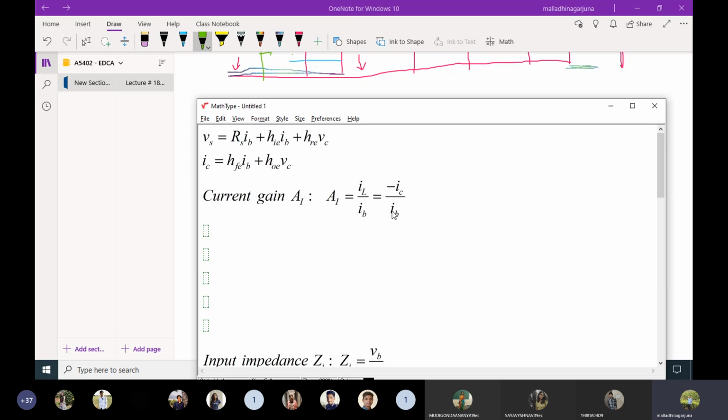Okay, so coming to AI, minus IC by IB. Now this becomes IS.